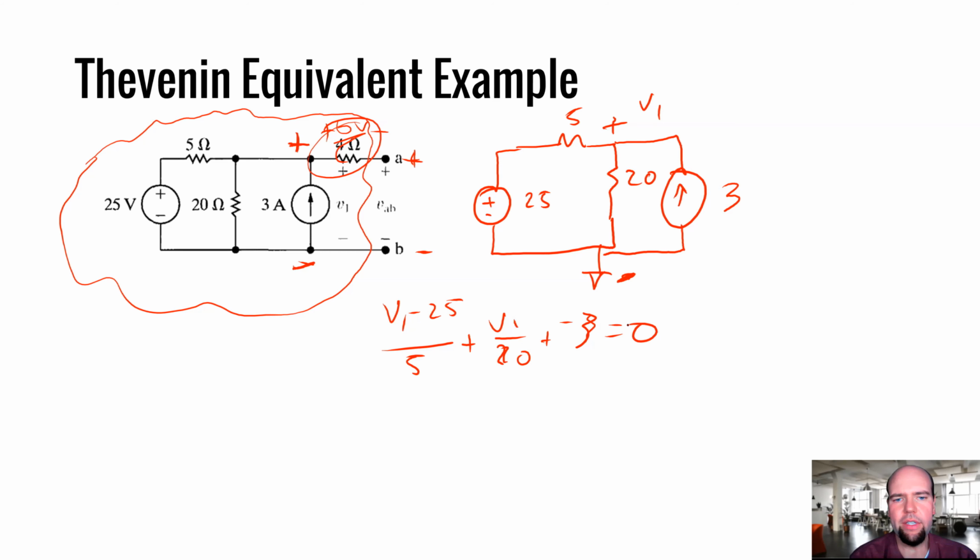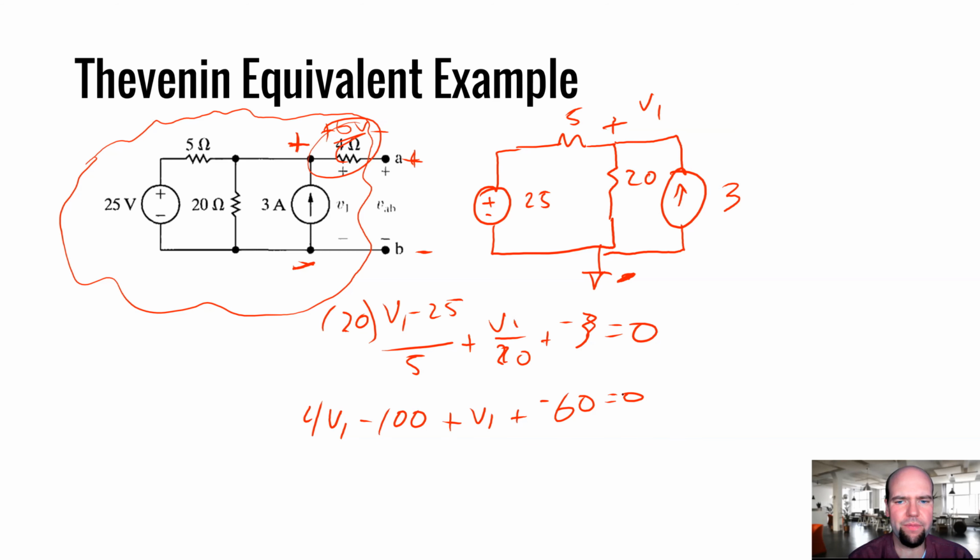You know me, multiply this thing through by 20. So multiplying it through by 20, we get 4V1 minus 100 plus V1 plus negative 60 equals 0.